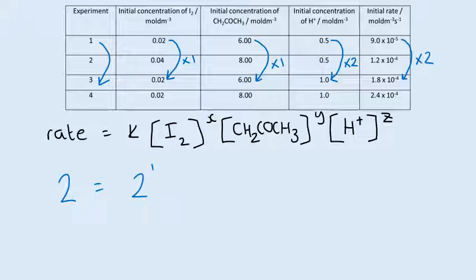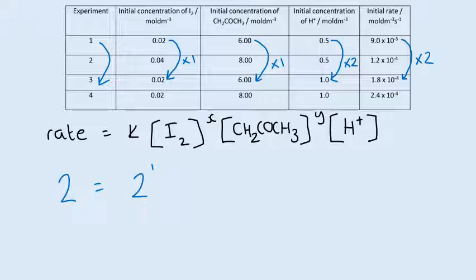You get quicker at these. Without even doing all the little working out, I can see that comparing experiments 1 and 3, the concentration of I2 remains the same, the concentration of CH3COCH3 remains the same, the concentration of H+ doubles, and that causes the rate to double. So it's first order with respect to H+.